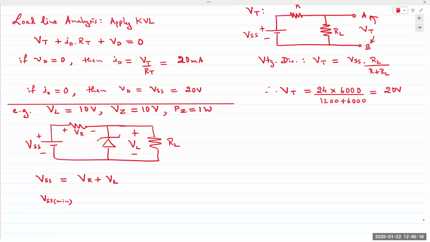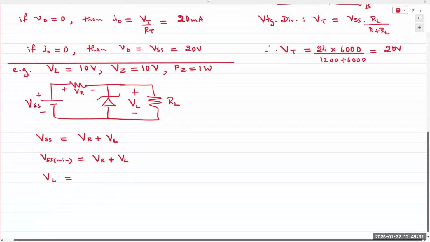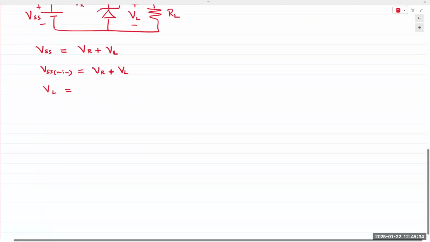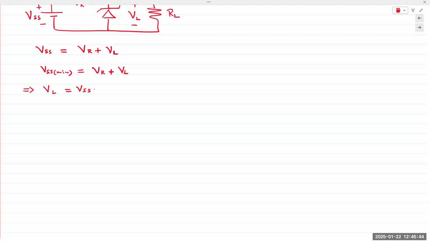Because it is dropping across both VR and VL, I can find VL as RL over R plus RL.